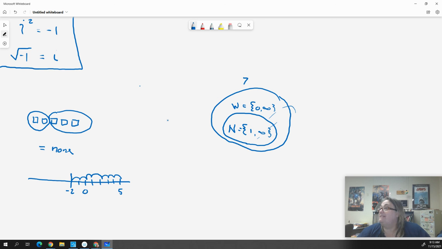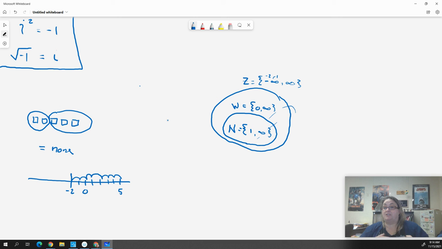Now we call them Z. Z is the letter we use for integers, and I will get into the why at some point. But basically they run from negative infinity all the way to positive infinity, but they're like -2, -1, right?